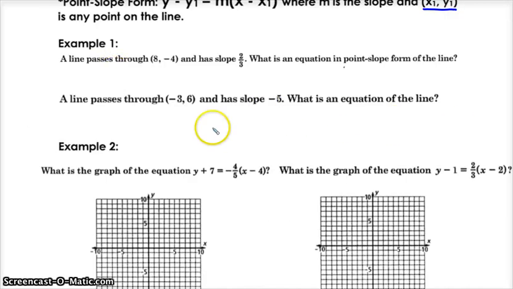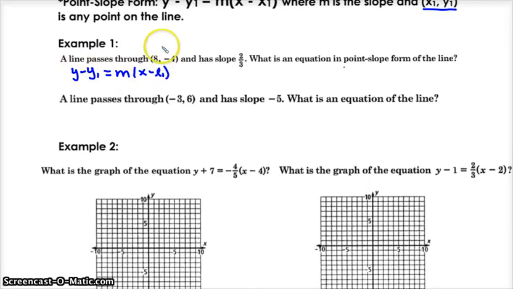So in example number 1, I've got the point 8, -4, and it has a slope of 2/3. So what's the equation in point-slope form? Okay, remember your general form is y minus the y-coordinate equals the slope times x minus the x-coordinate.